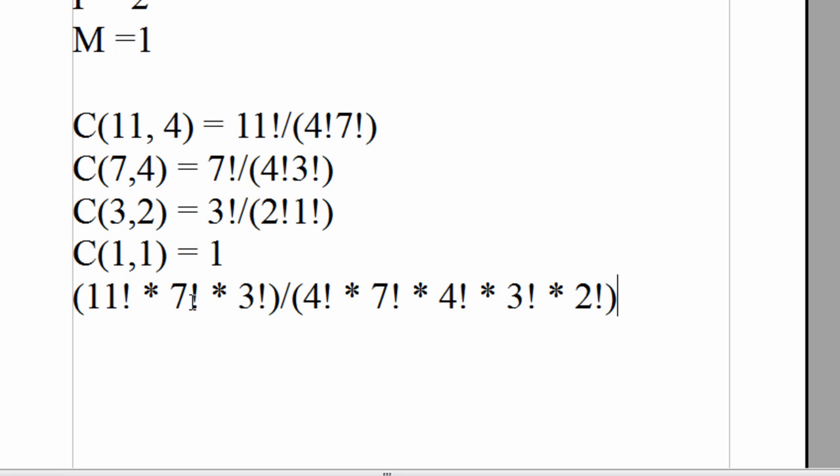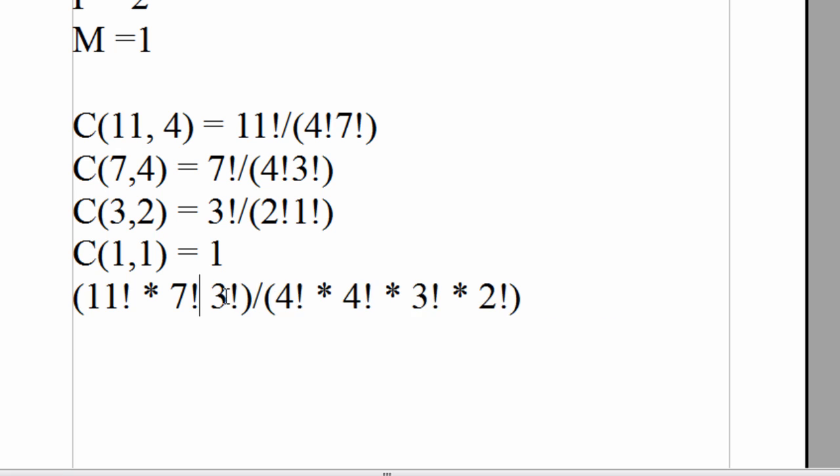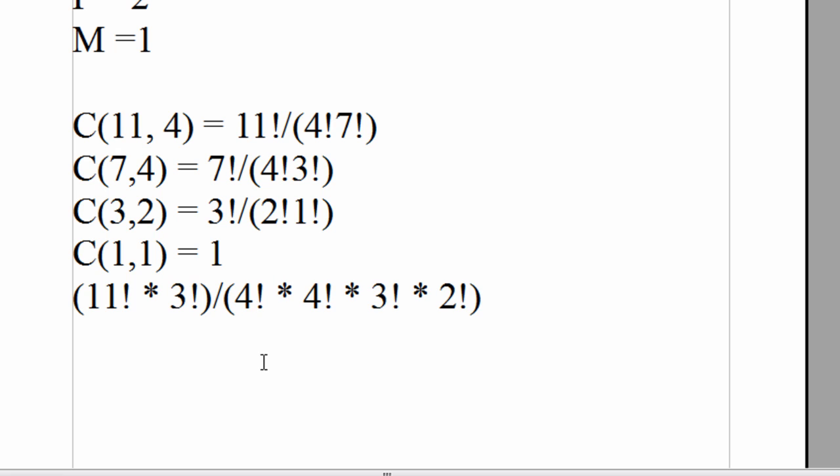Now you will see that the 7 factorial cancels out of both the numerator and the denominator. I'll take that out. And we know that this 3 factorial is going to cancel out with this 3 factorial.